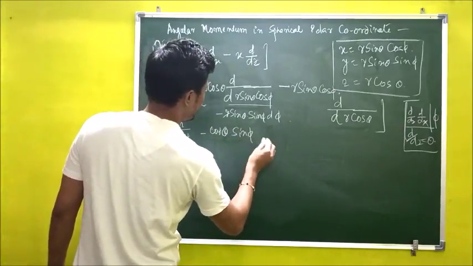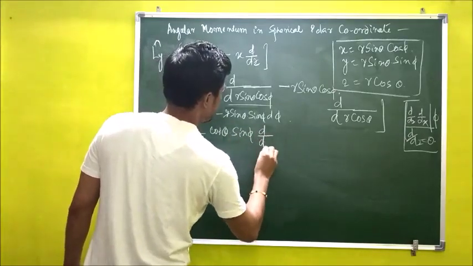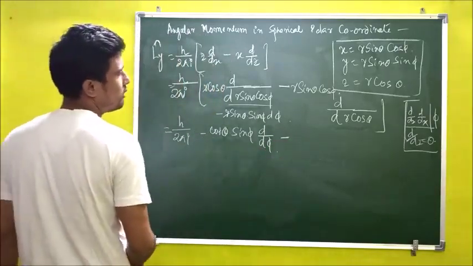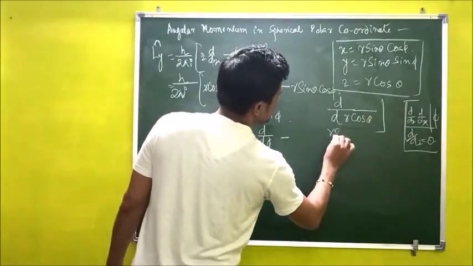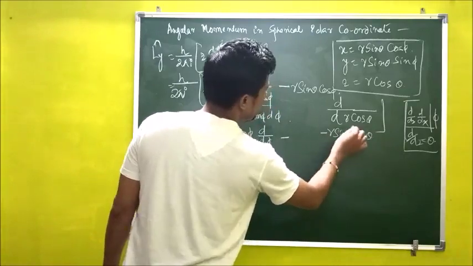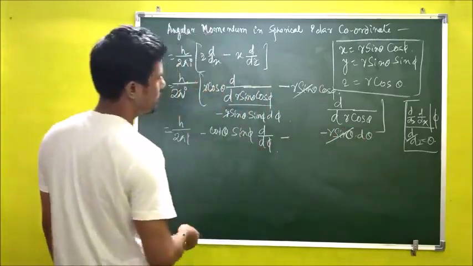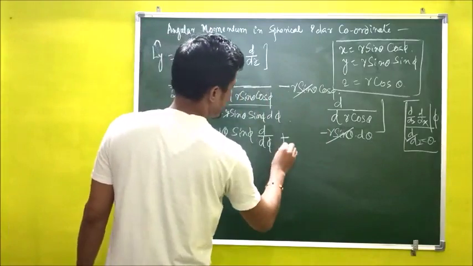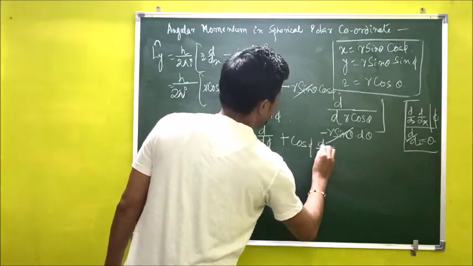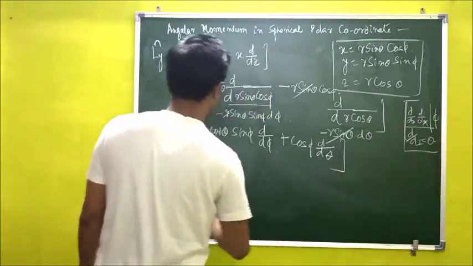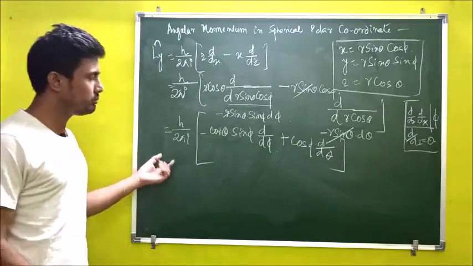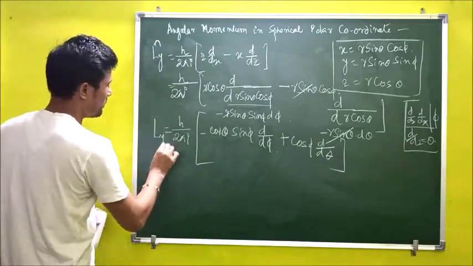This change you should make. So d of d phi, and here you will get r of sin theta, minus r of sin theta into d theta. This r sin theta will cancel out. This minus and minus will give you plus, and this will be cos of phi d of d theta.